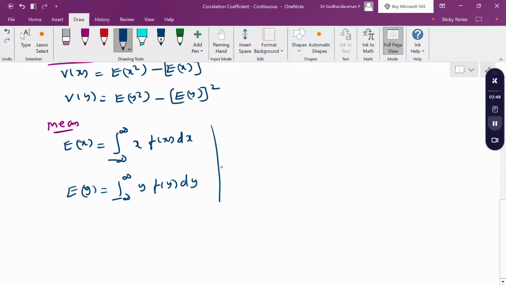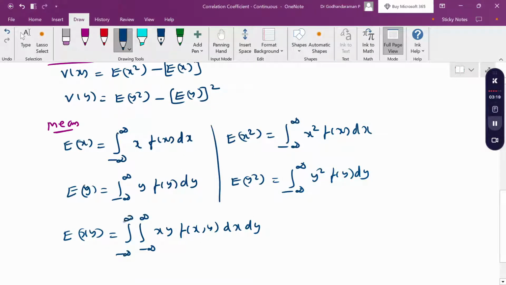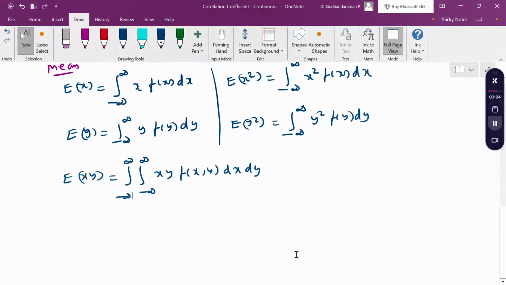Then E of x square is the integral of x square f of x dx, and E of y square is the integral of y square f of y dy. Then expectation of xy is the double integration of xy f of x comma y dx dy, from minus infinity to plus infinity. So these are the mean, x square, and xy.